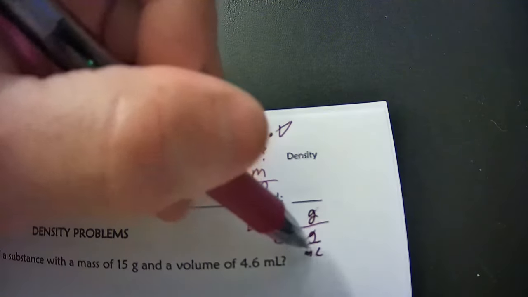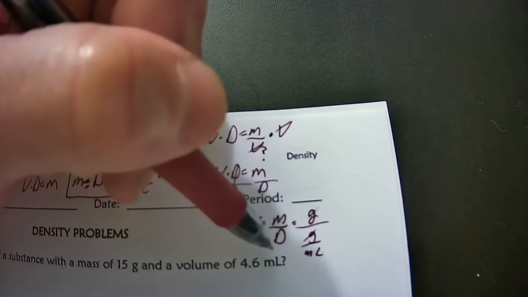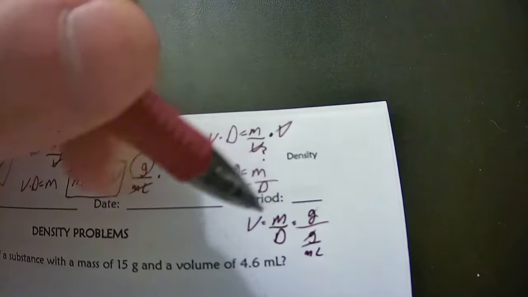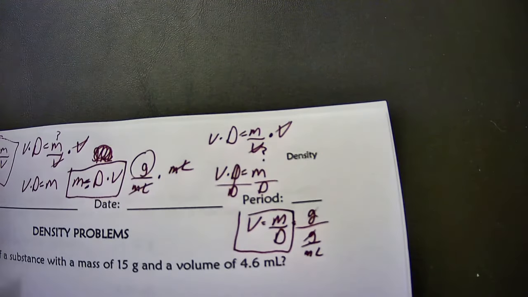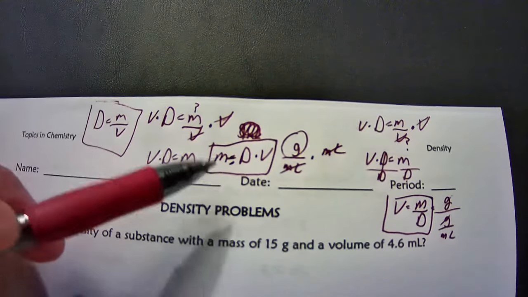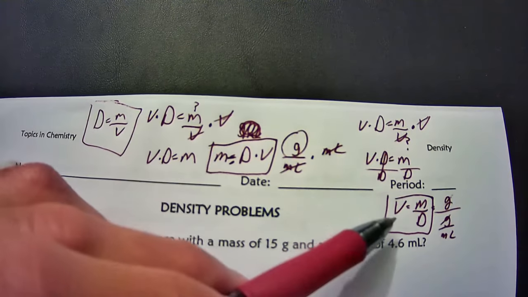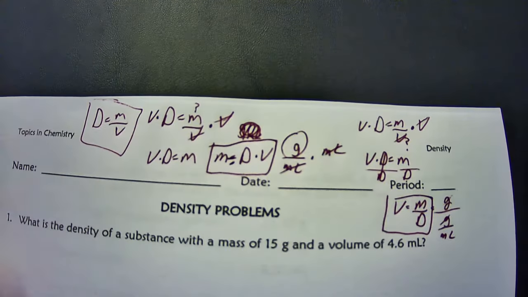If you're looking for volume, you should expect something like milliliters or liters or cubic centimeters, some unit of volume. So these are the three equations: the original density equation, the equation for mass, and the equation for volume. They're the only three equations you're really going to need on this page.